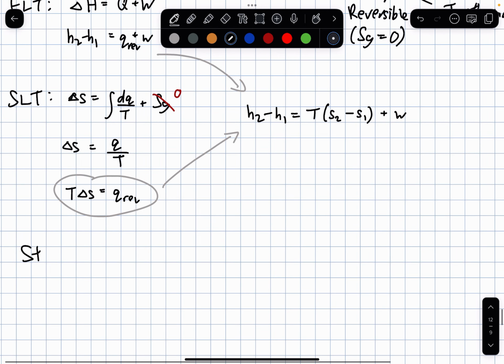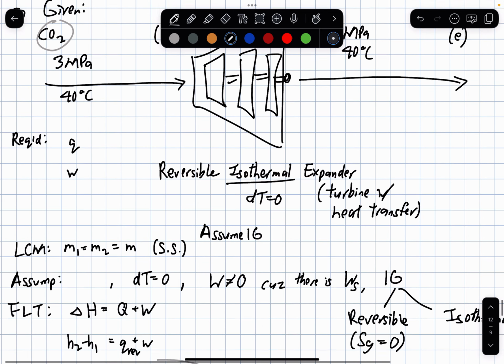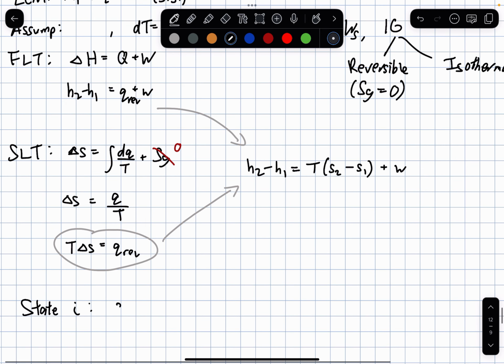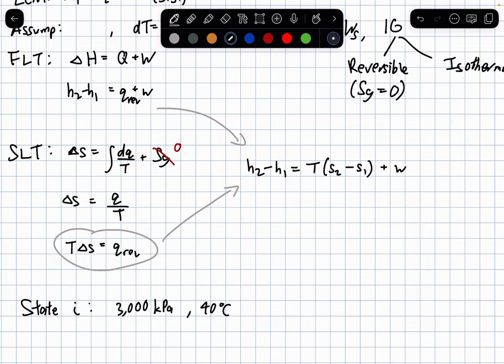So, state inlet: 3000 kPa, 40 degrees Celsius. Let's find that. CO2, 3000 kPa. Superheated carbon dioxide at this point, 40 degrees Celsius.